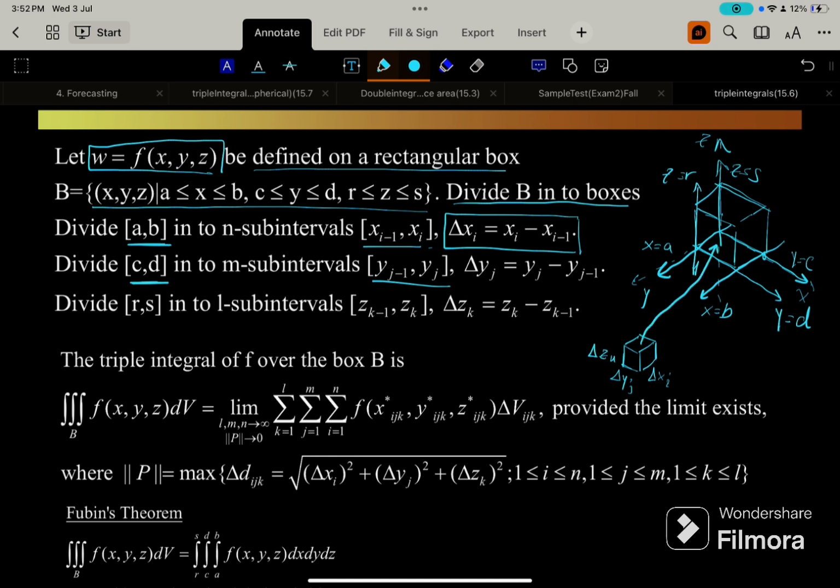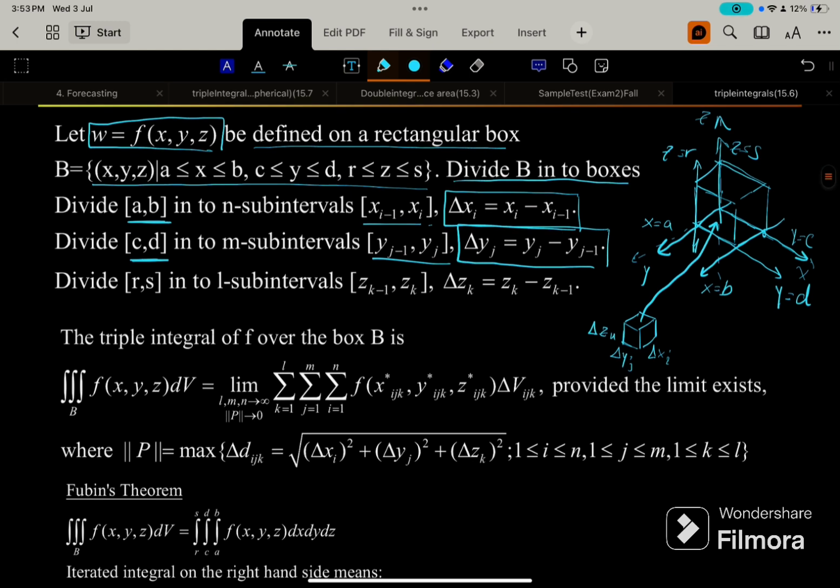Now we do have also delta yj equals yj minus yj minus 1. And also we can divide the limits of our z boundaries. So we're gonna divide r, s into l subintervals, so it's gonna be zk minus 1 to zk.